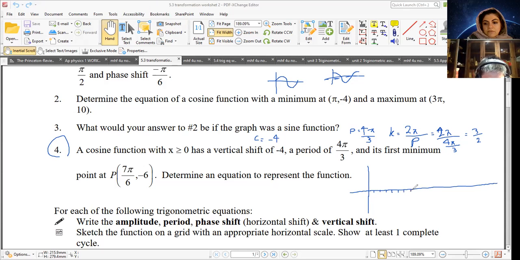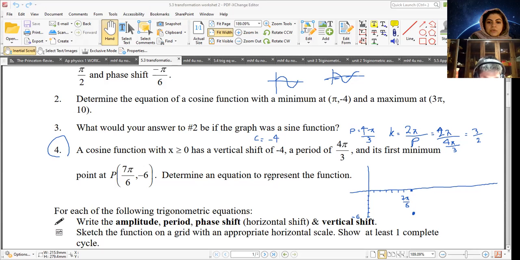So my first minimum is at 7 pi over 6 and it's -6. 1, 2, 3, 4, 5, 6. I just put that here, 7 pi over 6. This is my first minimum.